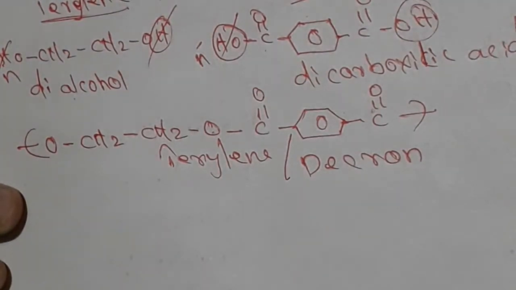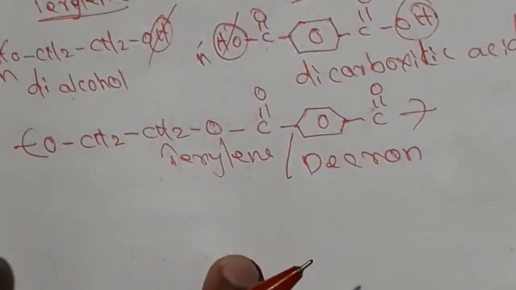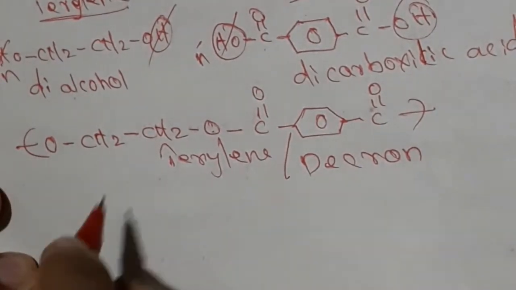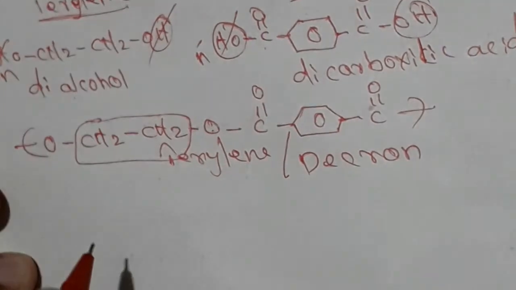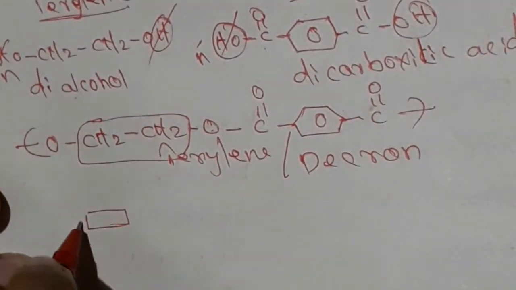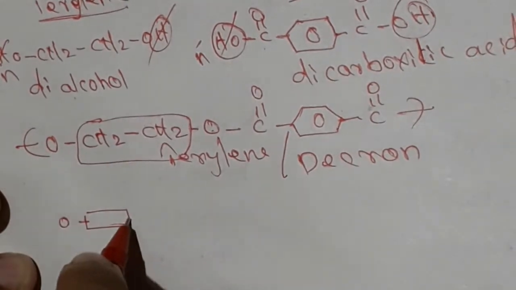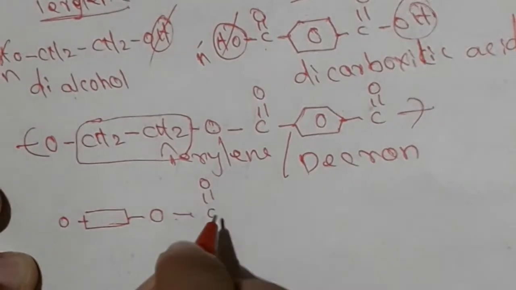So this is the structure. The same structure we can draw another way. Look here. Instead of this CH2, I will show one box. Oxygen, oxygen, carbon double bond oxygen.